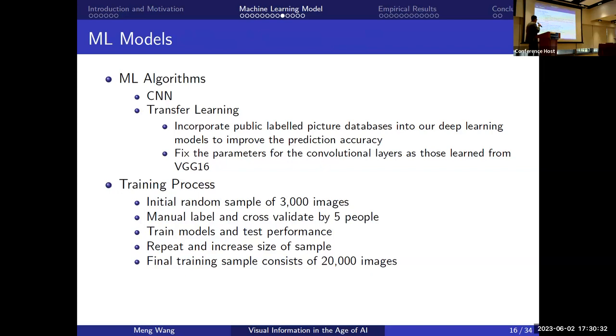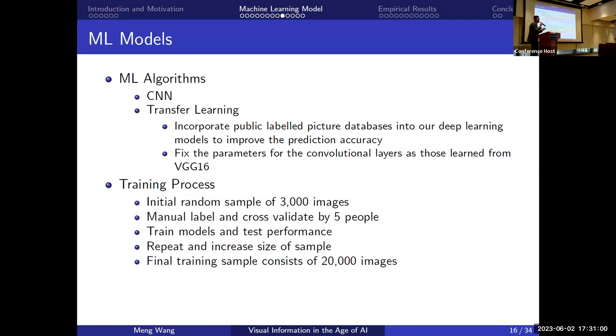As for the training process, very roughly speaking, we start with a random sample of 3,000 images directly from our whole sample, and then we manually label those into different categories. We have a workflow for the labeling process, which is in the online index, to follow those algorithms to label each image into one of the three categories.